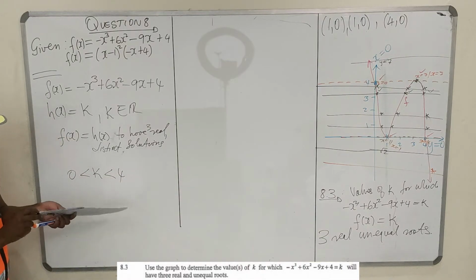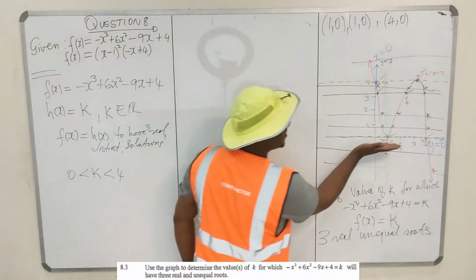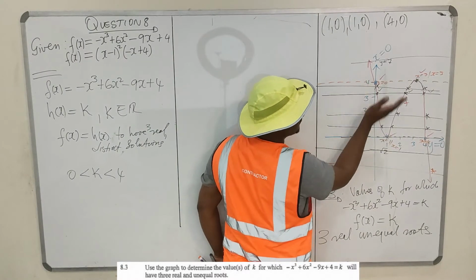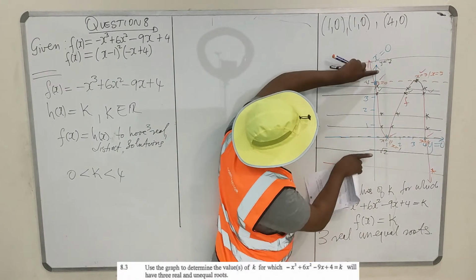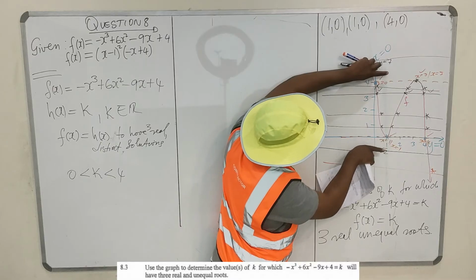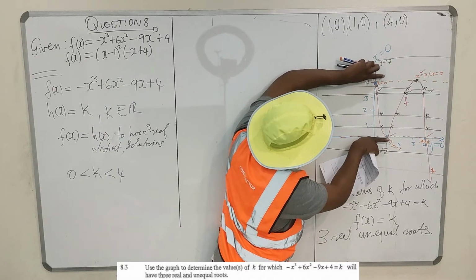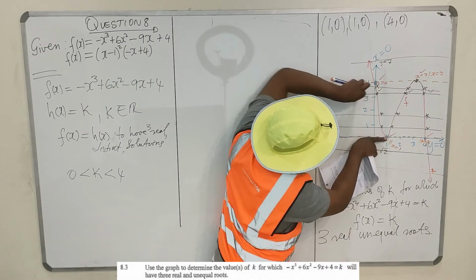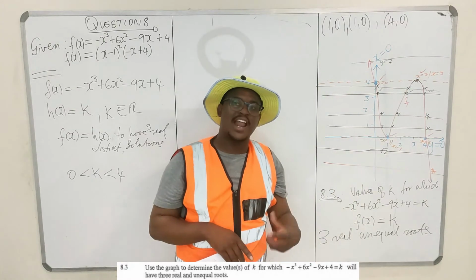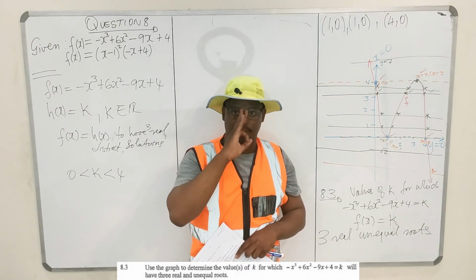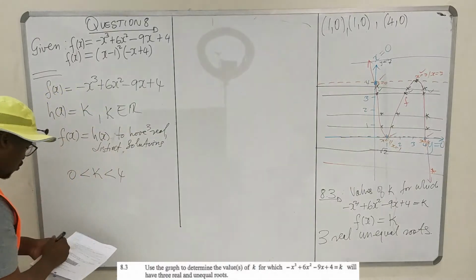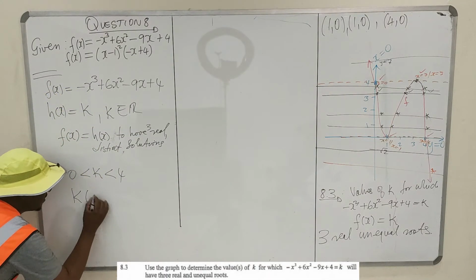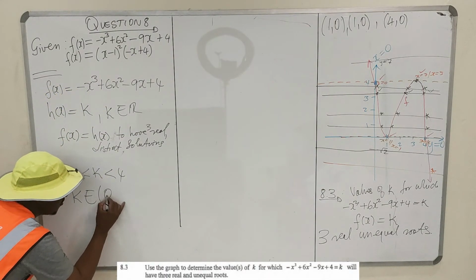Because if your k is greater than 0, it's above, and if it's less than 4, your function, your h of x, will be between what? Between these values here. And between these values, that's where your horizontal lines will cut your graph 3 times. So one would write it as k, an element of 0 to 4.